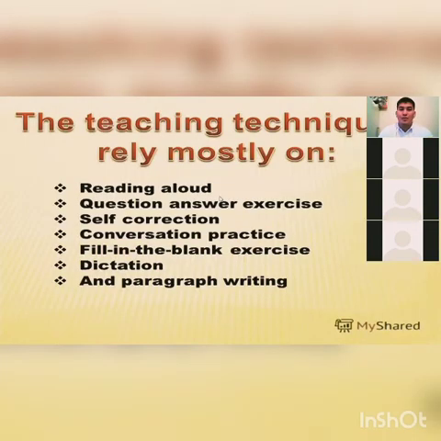So here we have other points of the direct method. It means reading aloud, question answer exercises, self-correction, conversation practice. You see here we have self-correction, but in grammar translation the teacher was the authority of the classroom and always corrected students. But in the direct method we have self-correction, or we can also add here peer correction, right? Self-correction means when students find the mistakes by themselves using the teacher's support.